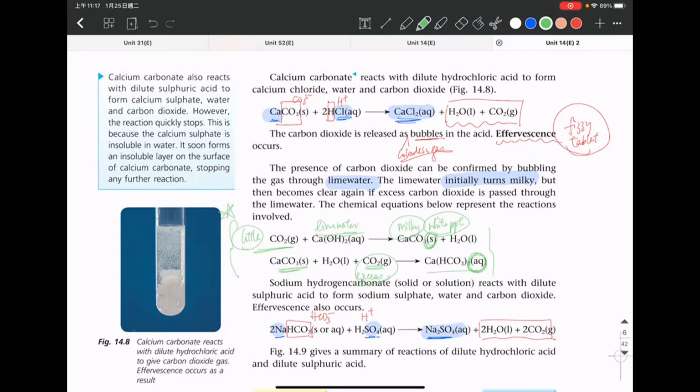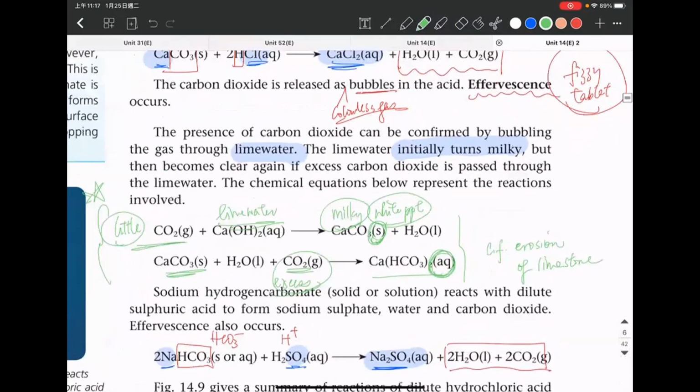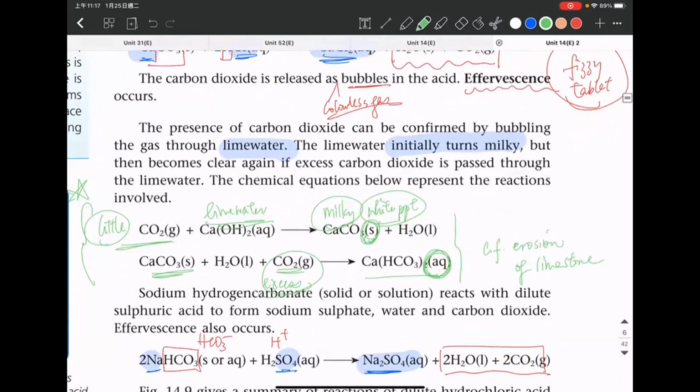In the natural environment, you also have this phenomenon when you talk about erosion of limestone. Can you please recall your memory about this? Erosion of limestone. Do you still remember that?